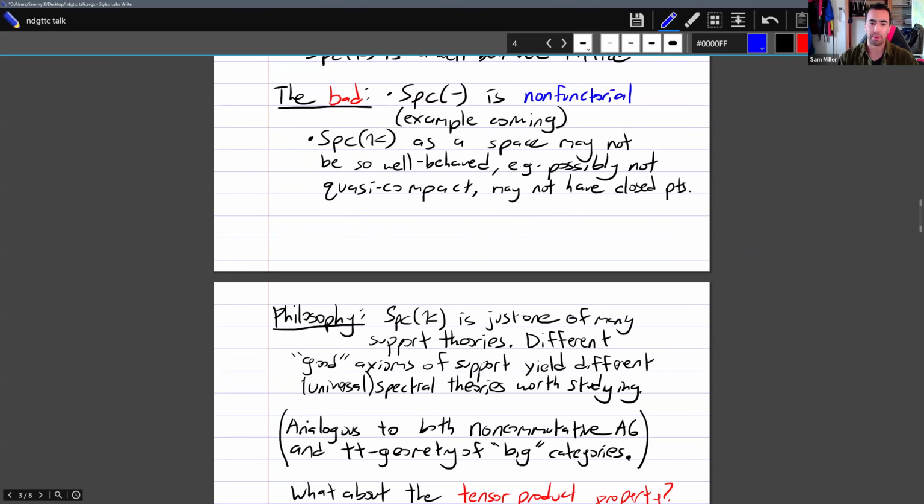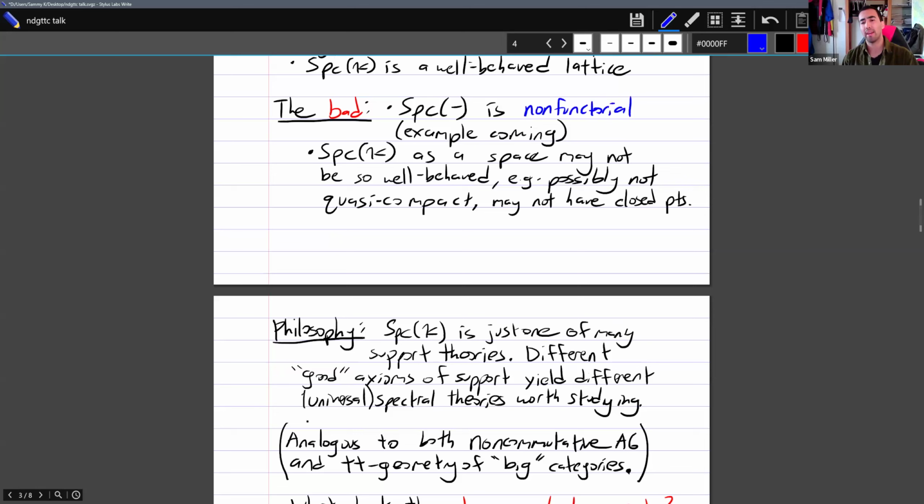Now I want to advocate for the philosophy that Spec K, as defined by Nakanobashi and Yakimov, is just one of many different support theories that exist for a non-commutative tensor-triangulated category. Different good axioms of support, whatever that means, yield different spectra, and they may yield different universal spectral theories that are worth studying.